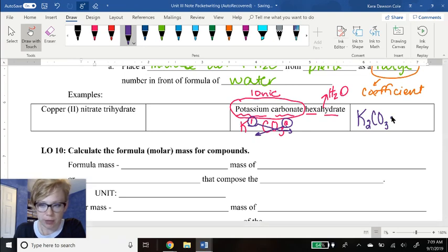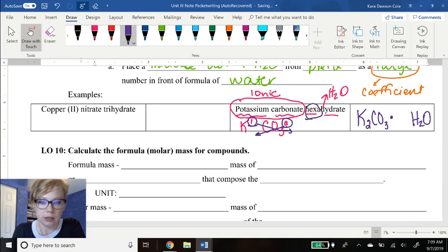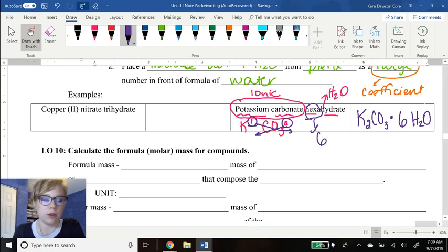And then I place a middle dot, okay, and I'm going to put H2O. But I need to put a number. So hexa is 6. So this is 6 H2O. So K2CO3·6H2O. That's how you write a formula for a hydrate.